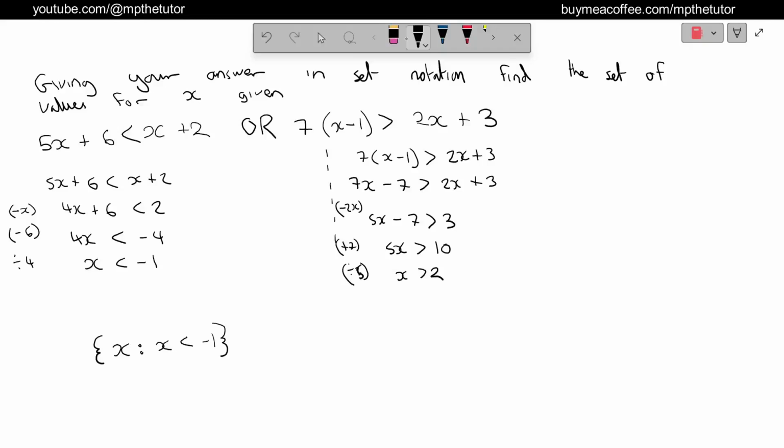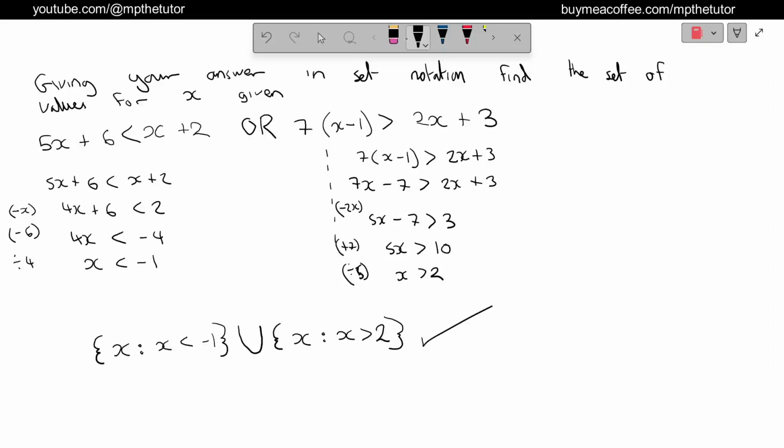In set notation, the symbol for an or is kind of a U, which is sometimes given the word union. So it's basically the word or, union. And then we have that other set notation, squiggly brackets, x colon, x is greater than 2. Close that bracket like so. And that is it written in set notation.